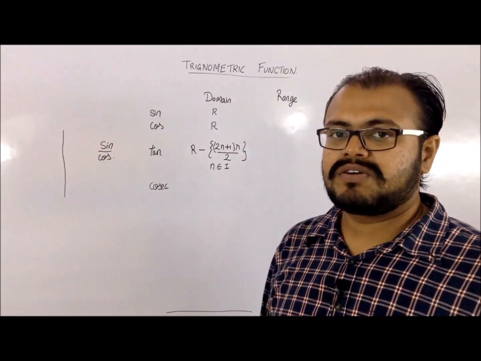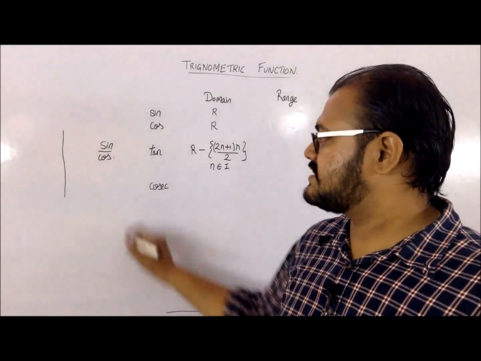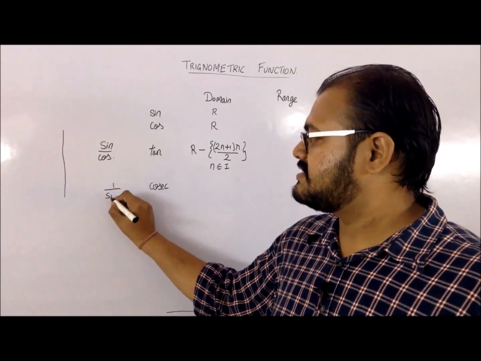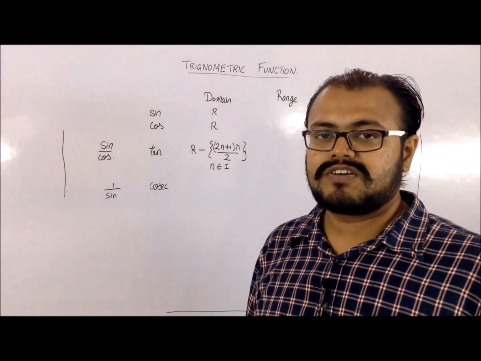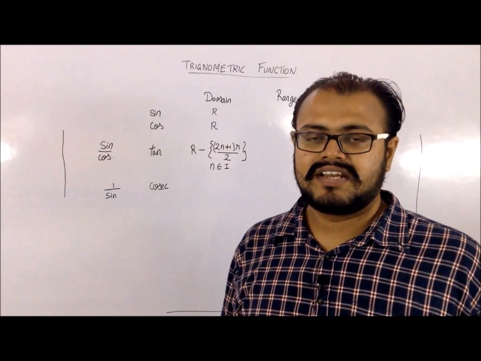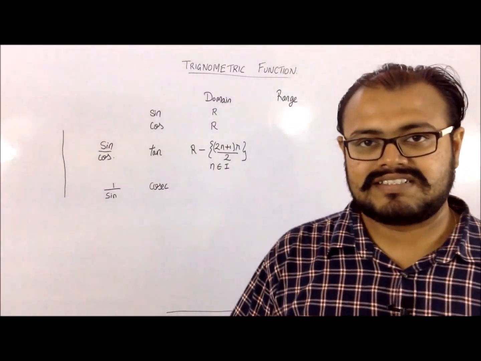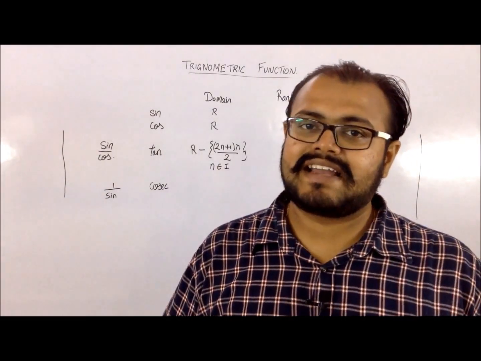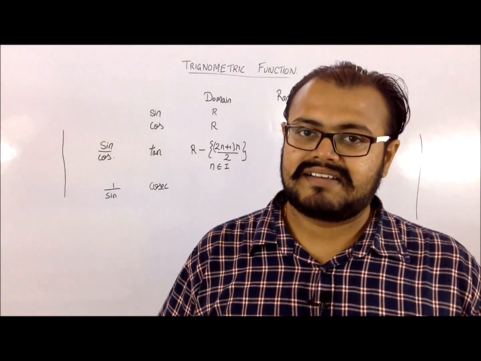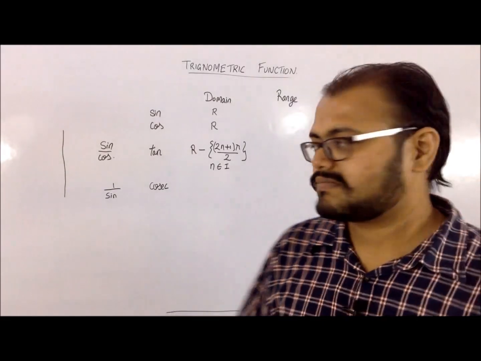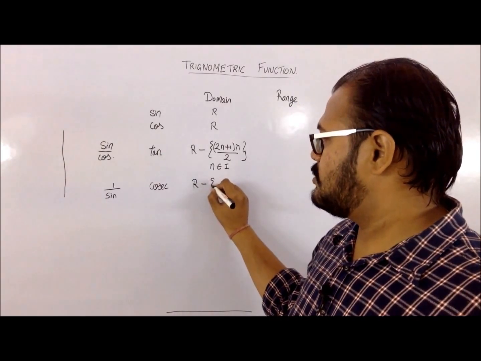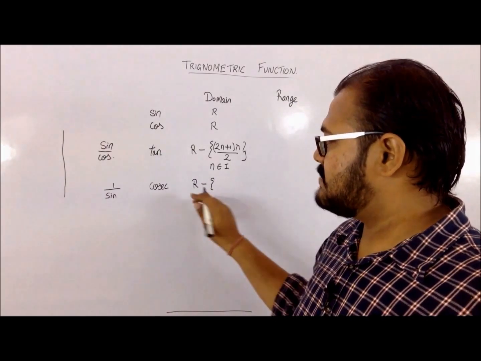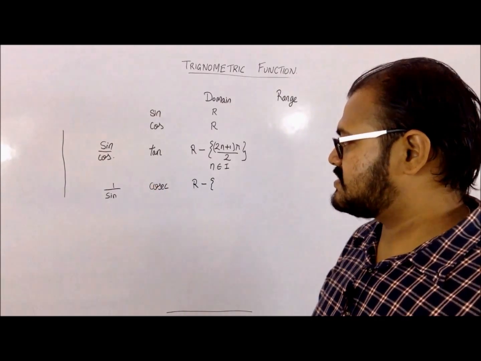Next we will see cosec. Now cosec is nothing but 1 by sine. So obviously I have to see the set of values for which sine becomes 0. If you recollect from the circle, sine was 0 at angle 0, angle pi, 2 pi and so on. So my cosec cannot have all those values for which sine becomes 0.